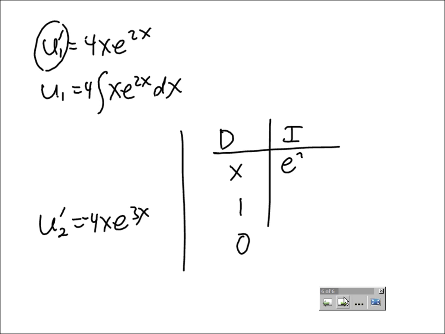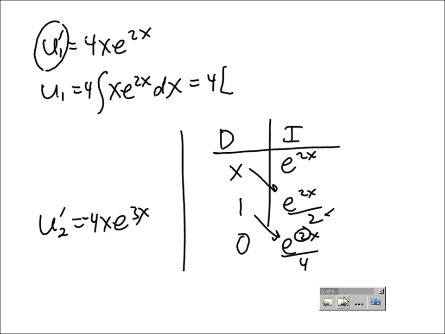We have e to the 2x, the integral will be e to the 2x over 2, and then you're going to have e to the 2x over that 2 times that 2, it'll be over 4. So I'm ready to write down the answer, but let's not forget that 4. It's this product minus that product. But if you're slick, you realize that e to the 2x is always going to be there.